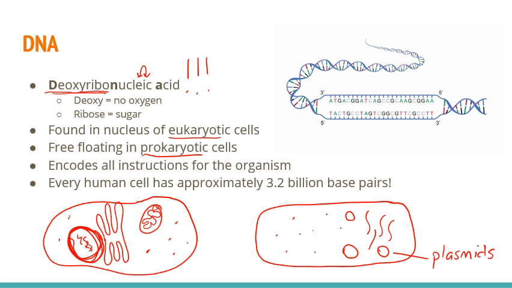So this DNA is encoding all of the instructions for that organism. It doesn't matter if it's a bacteria, a fly, a horse, a fish, their DNA codes for all of those instructions. If we looked in a human cell, we would find about 3.2 billion base pairs.